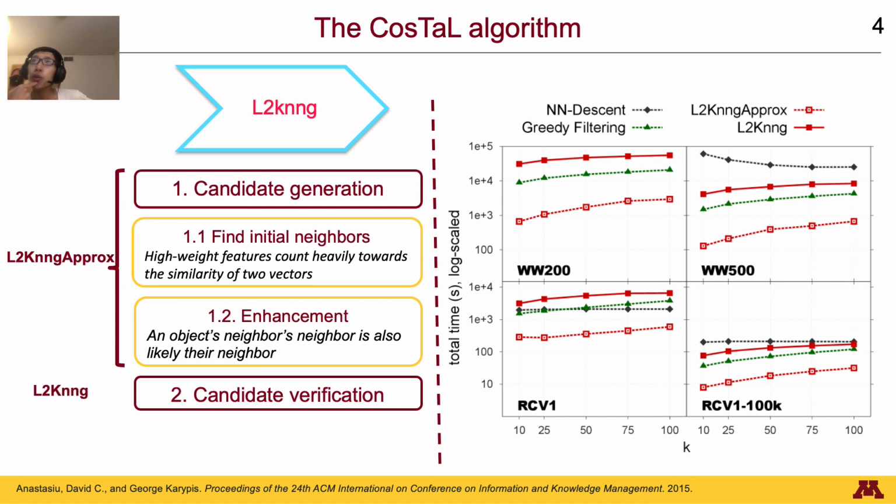As a result, you can see that L2KNG approximate is performing better than the other two approximate methods. And if we add in L2KNG, which is the exact algorithm, you can see that it's performing very competitively with the others. Altogether, this proves that L2KNG is a very powerful KNN graph algorithm.